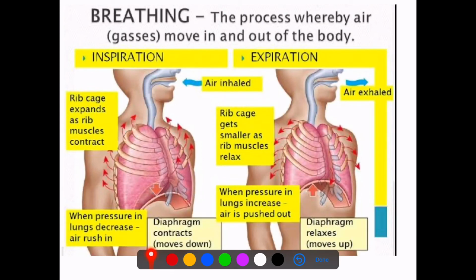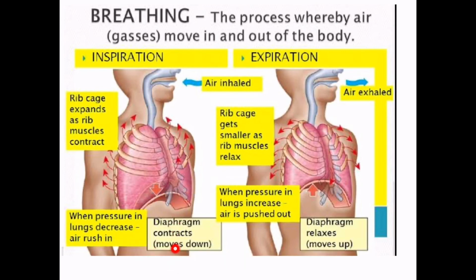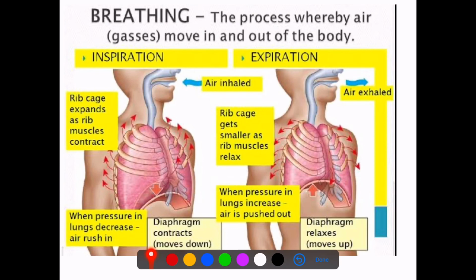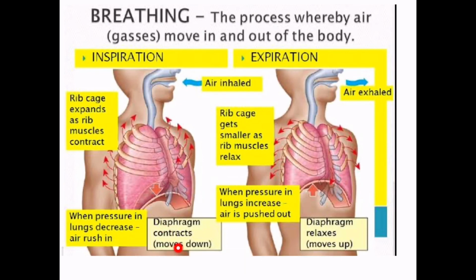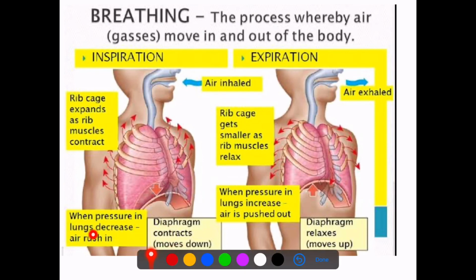Now the muscles present in your diaphragm, these radial muscles, will contract, and when they contract, the diaphragm moves down and the volume in the thoracic cavity increases. When volume increases, pressure in the lung decreases.